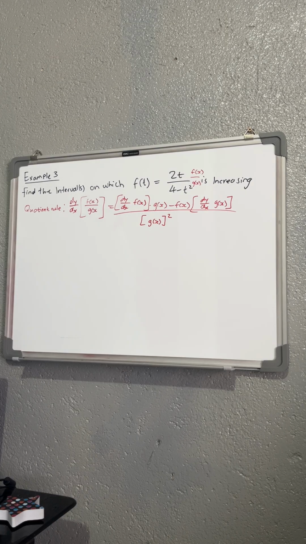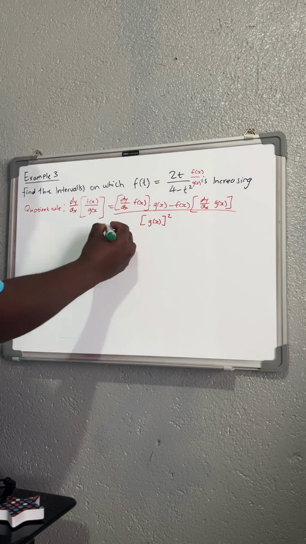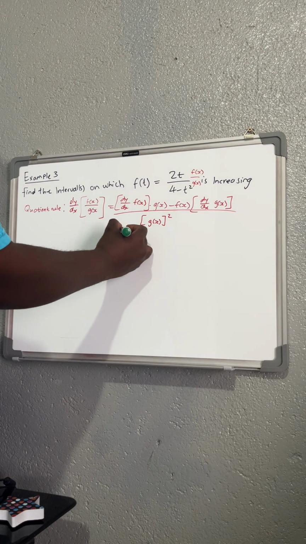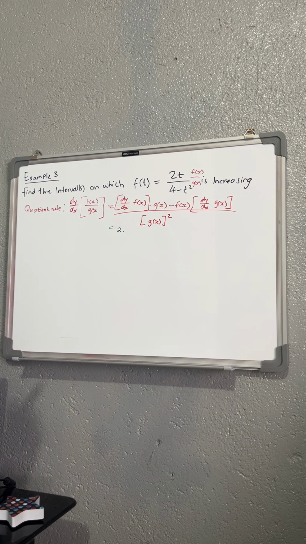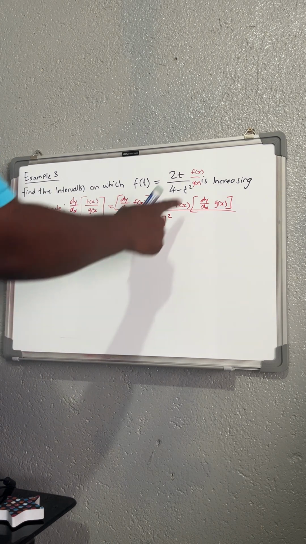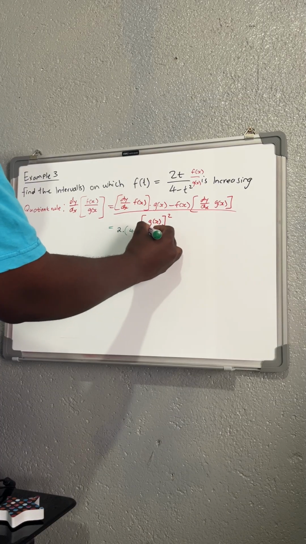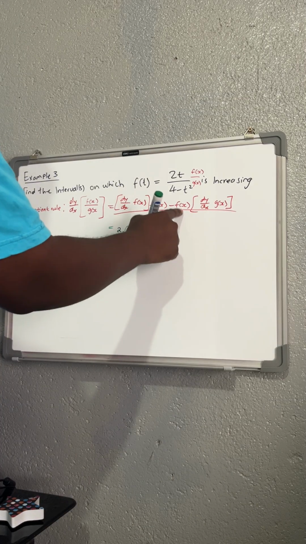So we'll look and say, okay, what is the differentiation of this one? If we differentiate our 2t, what do we get? We will be left with a 2. Then 2 multiplied by g of x. Where is your g of x? So you can write, we have 4 minus t squared, minus, what's your f of x?